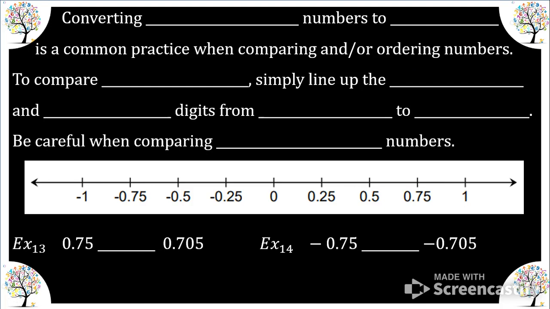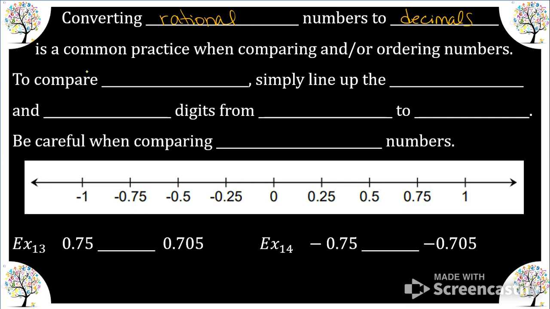So when we are going to compare rational numbers, converting the rational numbers into decimals is a common practice. If we start out as a fraction and we want to convert it to a decimal, it's easy to compare, because decimals are rational numbers too.